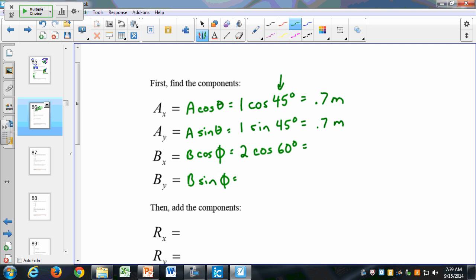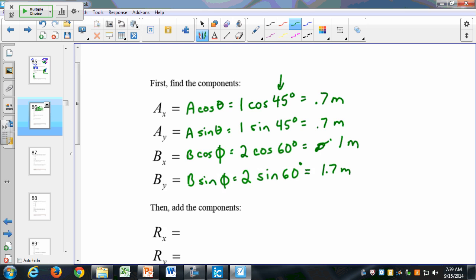I like to use it a lot. So this is 0.5 meters, or excuse me, 1 meter, 1/2 of 2, and then this is 2 sine of 60. Sine of 60 is like what, 0.86 or something? Yeah, so this is 1.7, call it 1.7 meters.